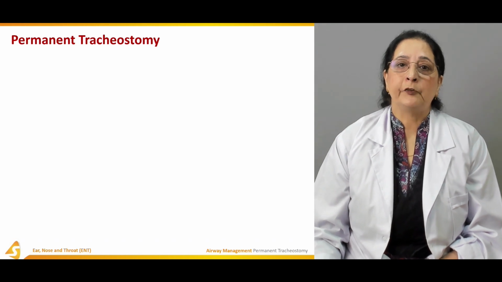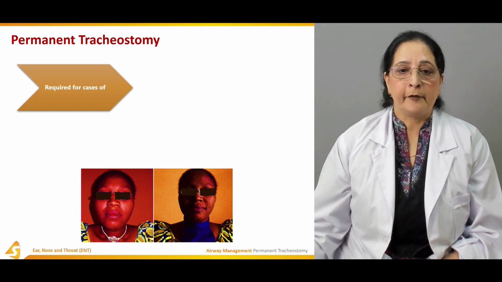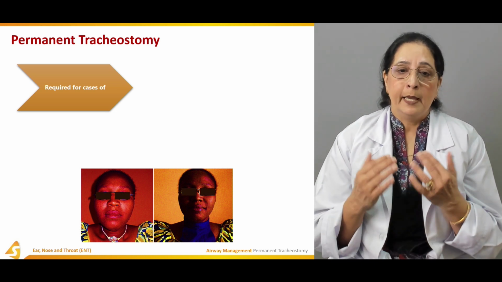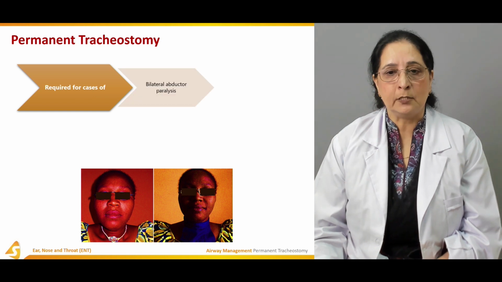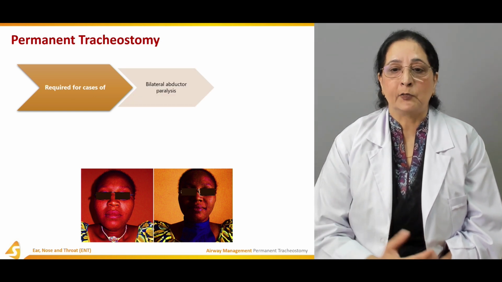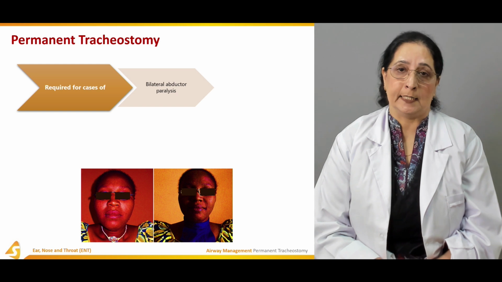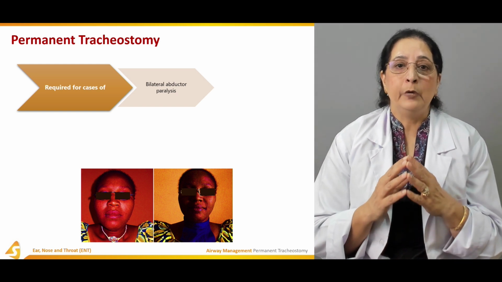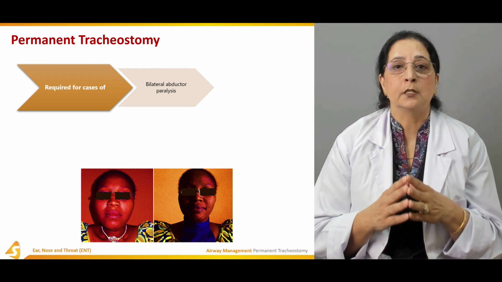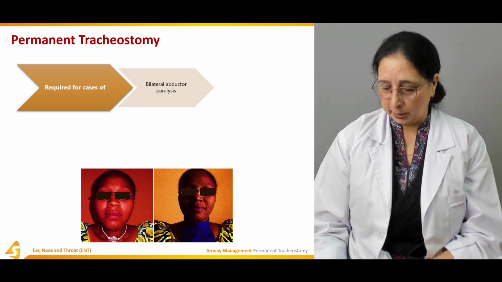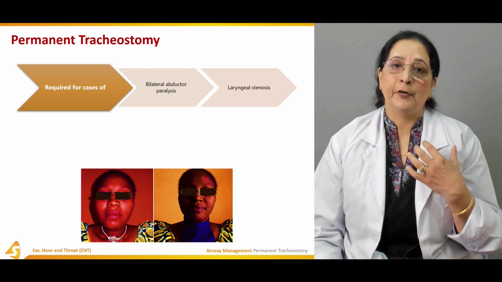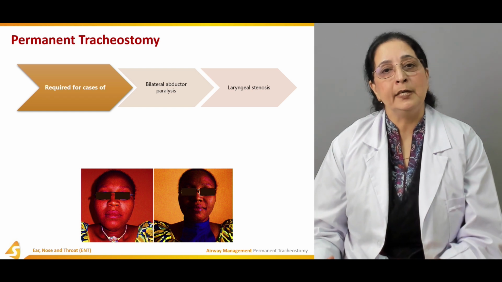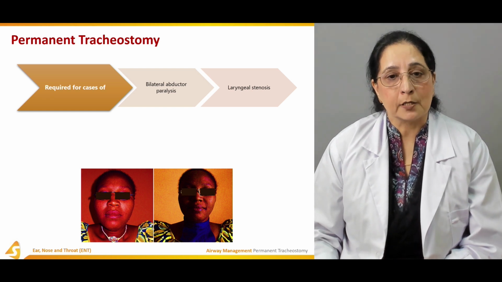So permanent tracheostomy is required. Why do we need permanent tracheostomy? It's required for cases of bilateral abductor paralysis. If there is bilateral abductor paralysis, we need permanent tracheostomy in the patient. Also, if there is laryngeal stenosis, narrowing of the larynx, we need permanent tracheostomy.